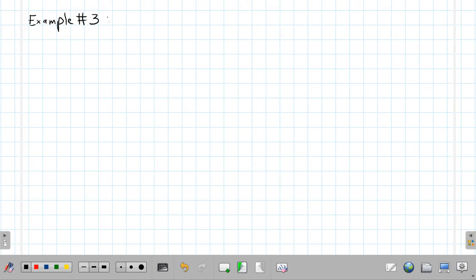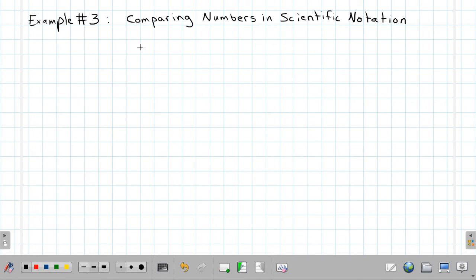Okay. In this case, you're dealing with an example where you're comparing numbers in scientific notation. So what that means is, since we've got numbers written in scientific notation, we're going to be looking at these numbers and saying, well, which one's bigger, which one's smaller.